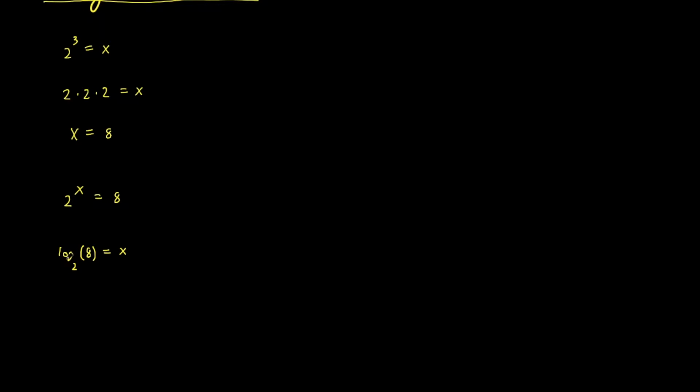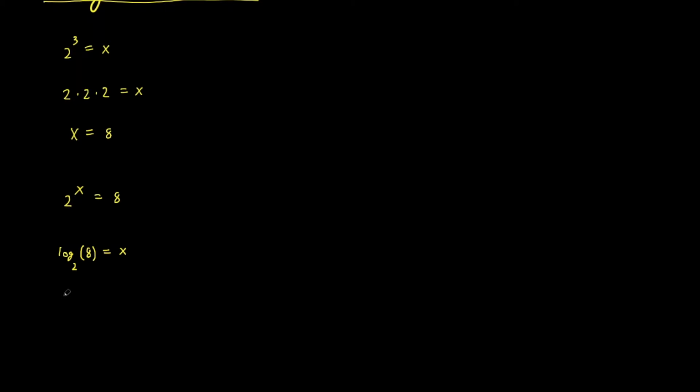And as you'll see as we continue, there are certain properties that make writing it in this format particularly useful. It's not a useful form for doing a hard solution, like for actually doing calculations, but it's extremely useful for the properties which allow you to work through some very difficult problems.